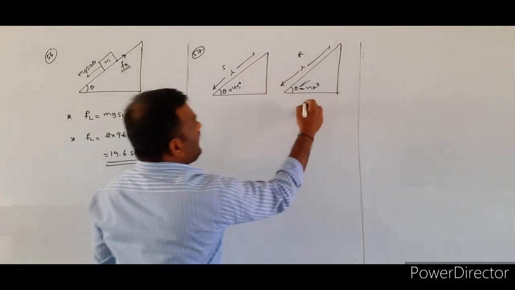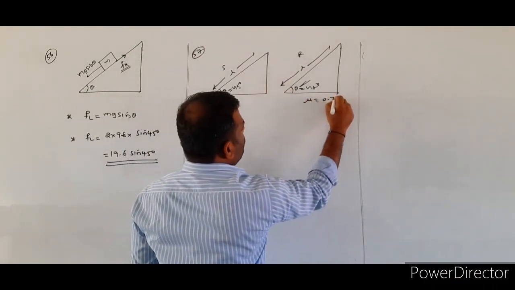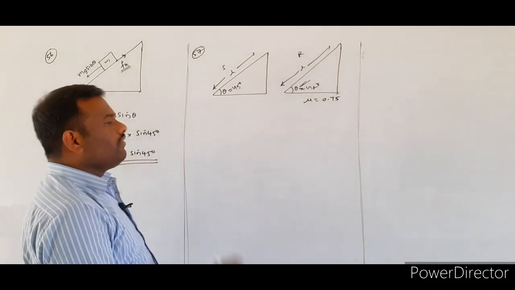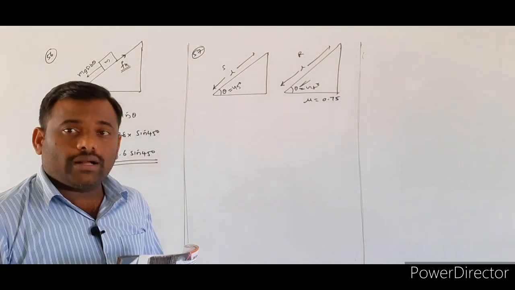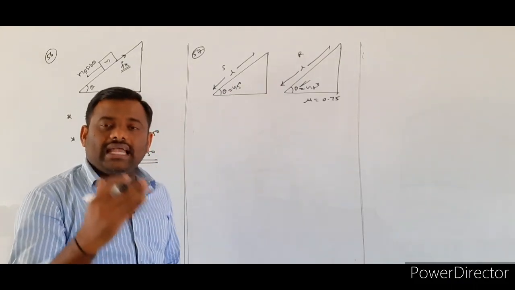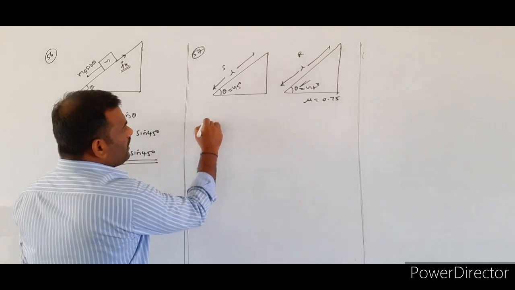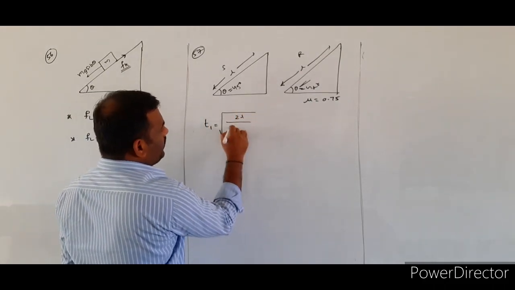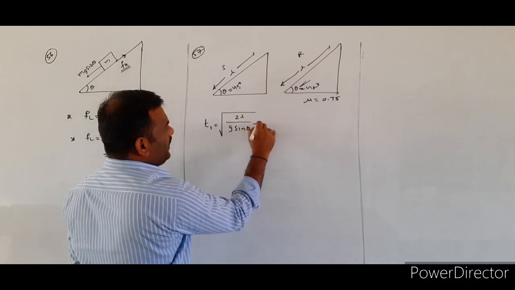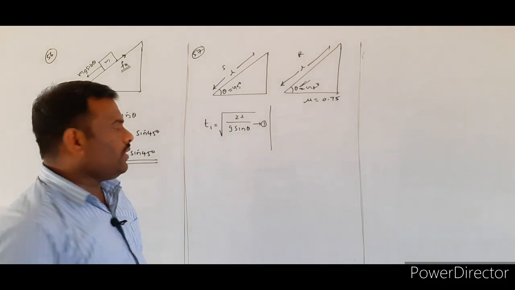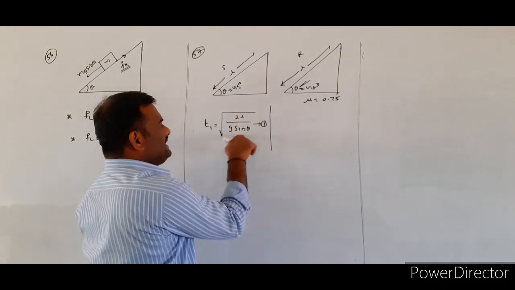For the rough inclined plane, the mu value is 0.75. They are asking for the ratio of the time taken by the body to slide down the smooth inclined plane and the rough inclined plane. We already know that for the smooth inclined plane, the time taken by the body to reach the bottom is T1 equals under root of 2L by G sin theta.